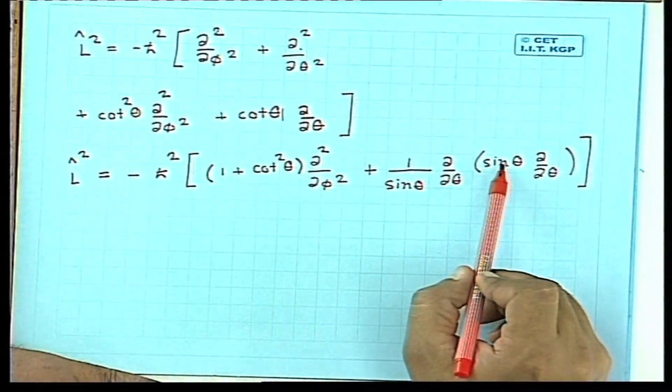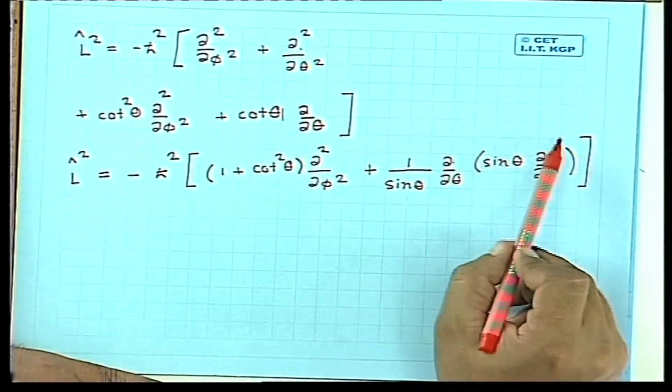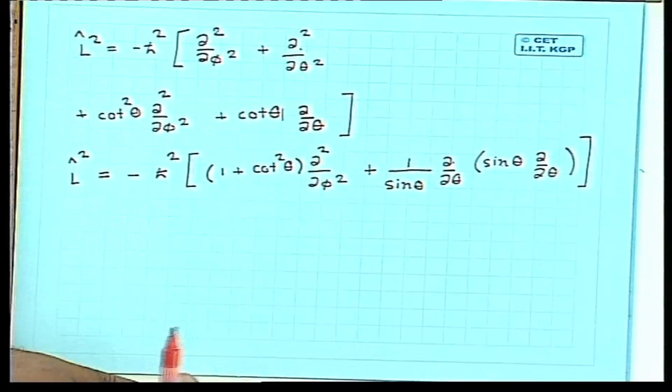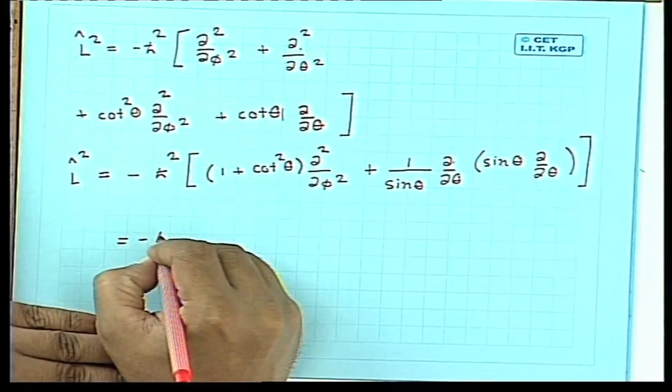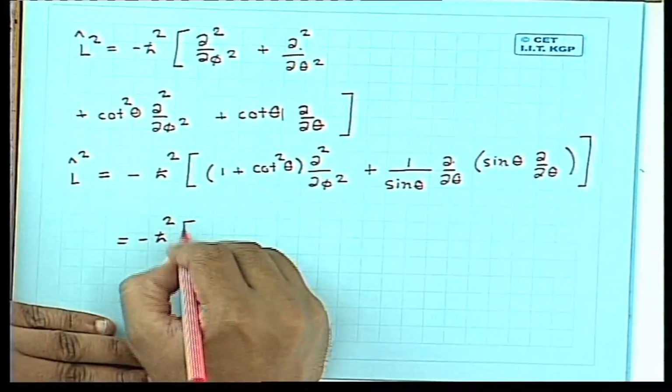And if I don't differentiate sine theta, then I get del square by del theta square, and the sine theta cancels out.